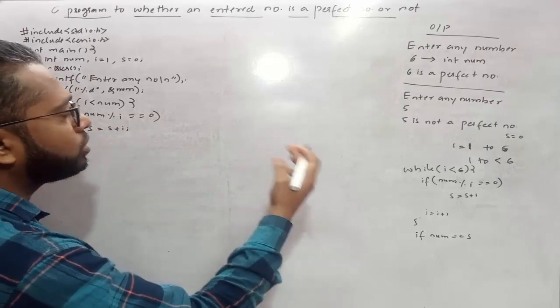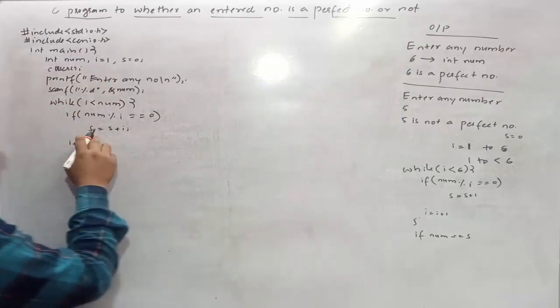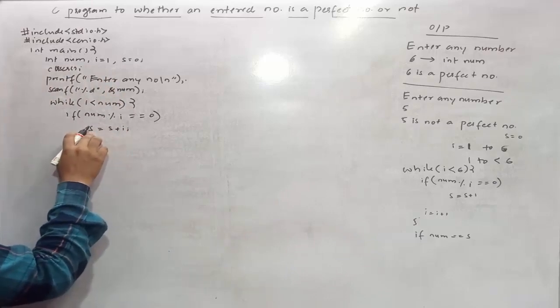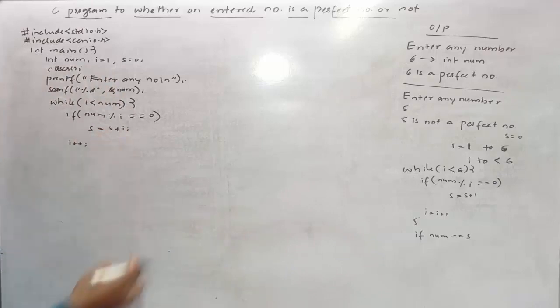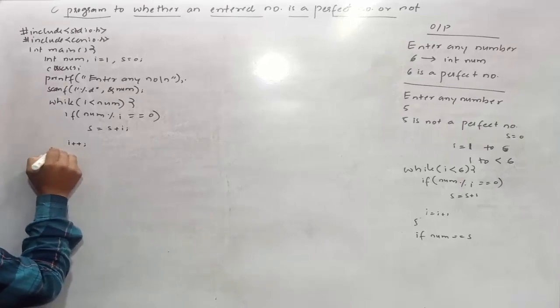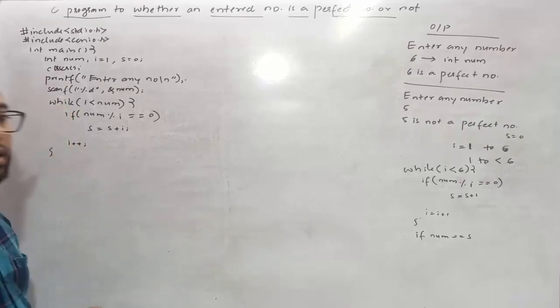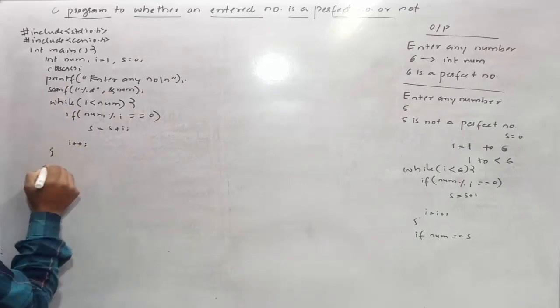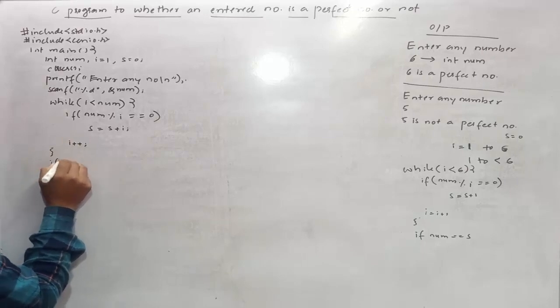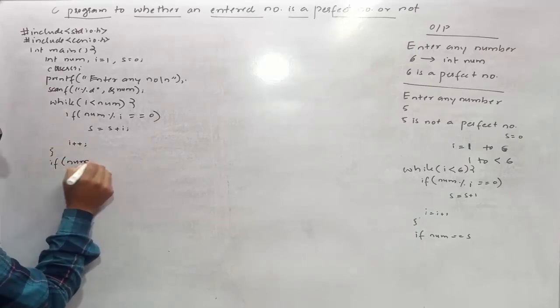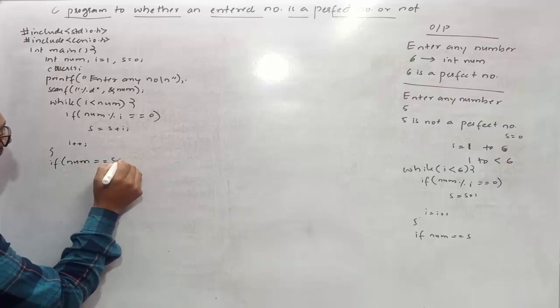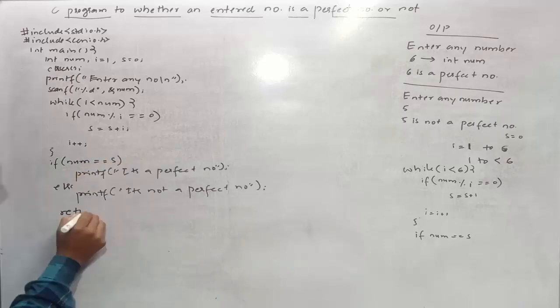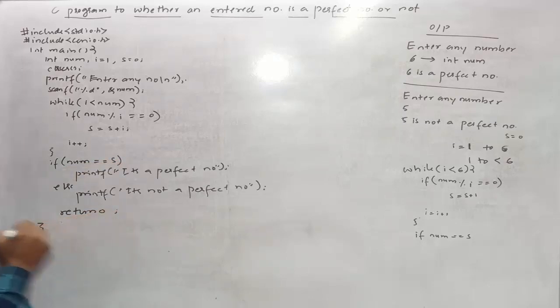Yes, we can also divide 6 by 3, so 3 also gets added to s. So 3 plus 3 becomes 6, and we come outside the while loop, and then we check if num is equal to s, print that it is a perfect number, return 0, and then close the bracket.